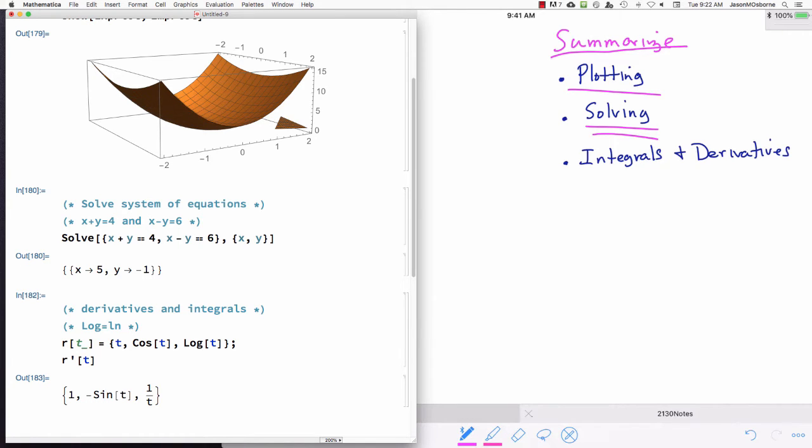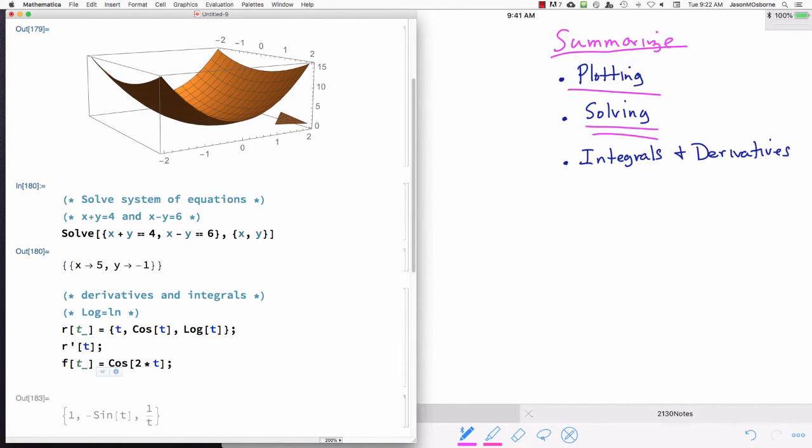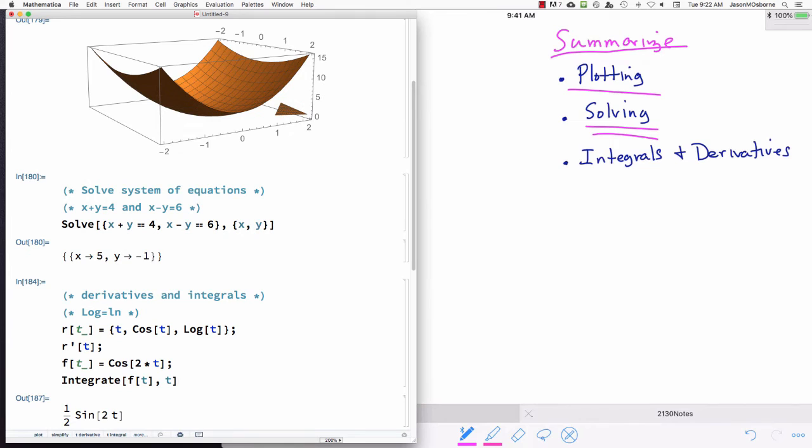If you want to integrate, let's say that you have some function f of t, and that function is cosine of 2 times t. I know you know the integral of that, but if you want to integrate the function f of t with respect to t, 1 over 2 sine of 2t is the integral of cosine of 2t.